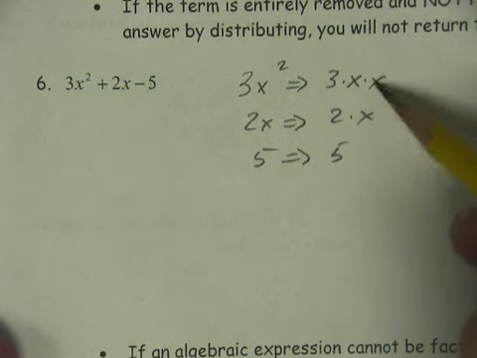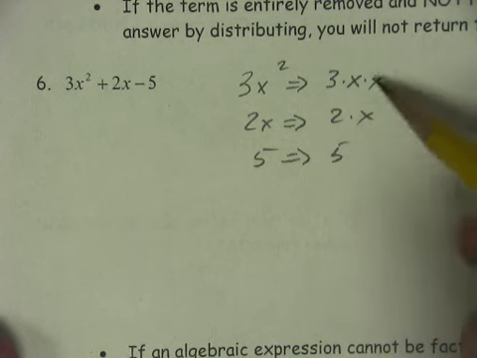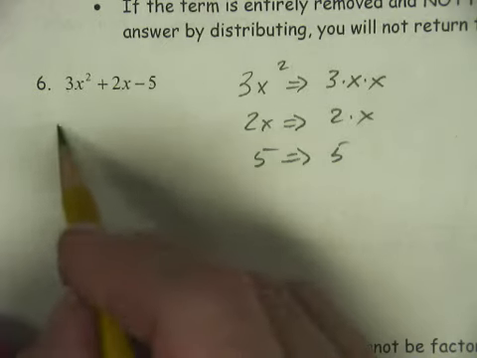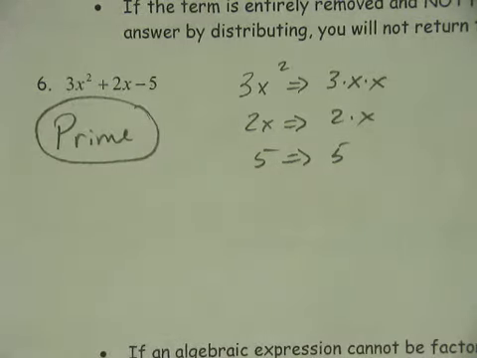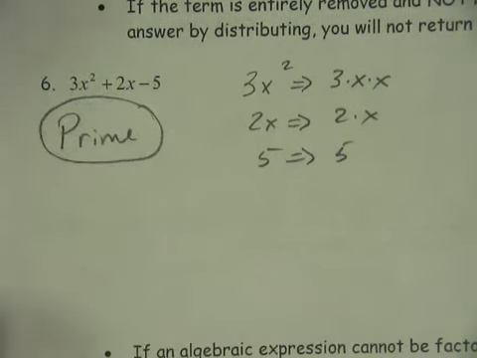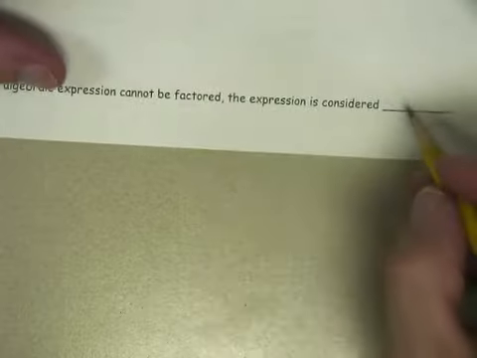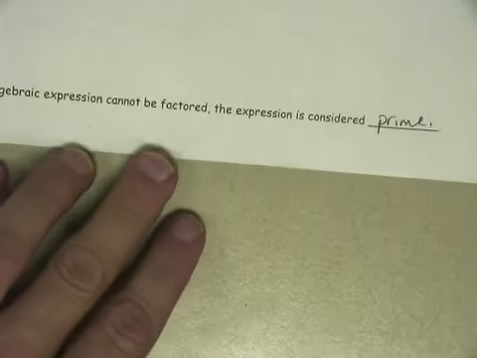I mean, these 2 have an x, but not the third one. None of them have anything in common. And when that occurs, we give this a special name. We call it prime. So if it can't be factored, if we can't find a GCF, we call it prime. All right, and the last bit, if an algebraic expression cannot be factored, the expression is considered prime. All right, there it is.